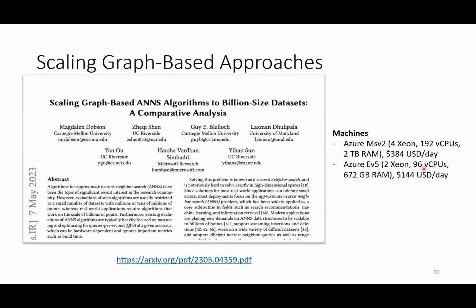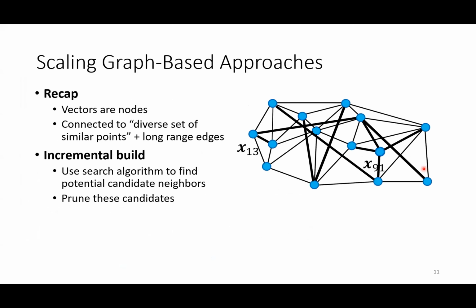So how much money are we going to spend building our index on a billion scale? But first, we have to understand what we are going to do. The short message is that luckily, when we talk about graphs and we do certain optimizations, the things that Yusuke told you a few minutes ago are still the same things that apply on a billion scale. So what are these graph-based approaches? All of you are now experts in that if you joined Yusuke's part.